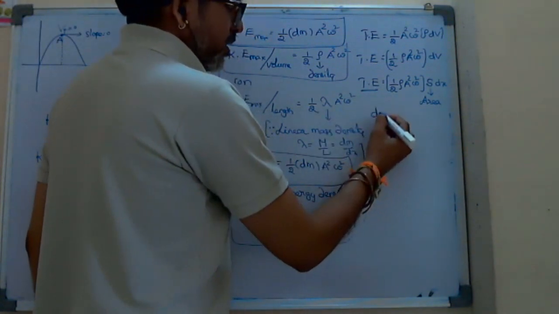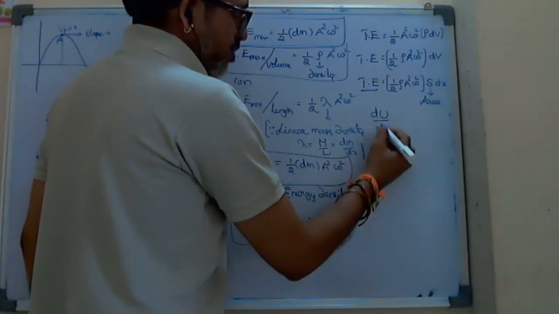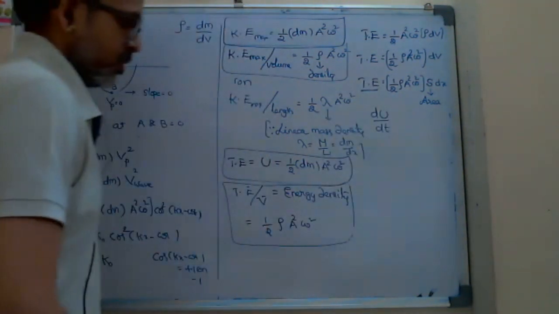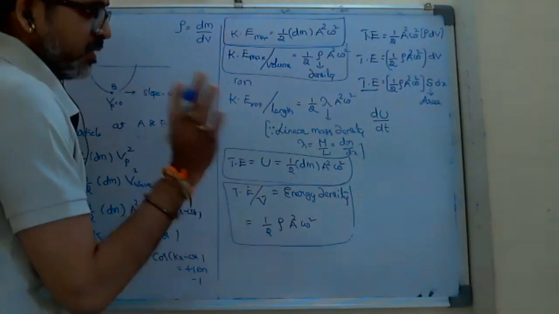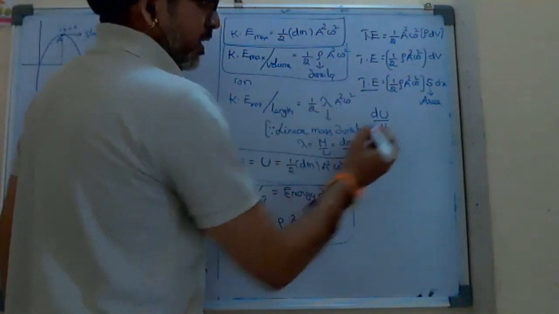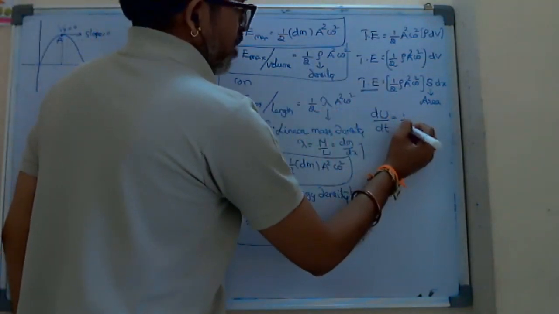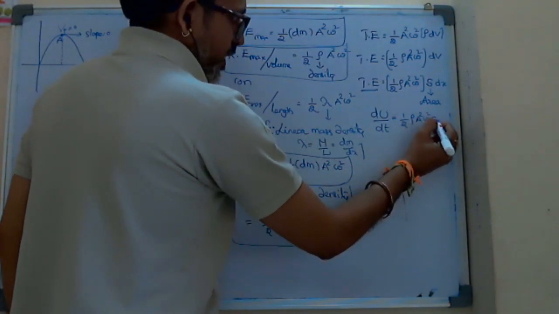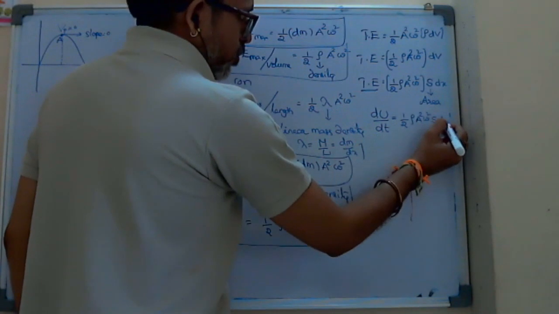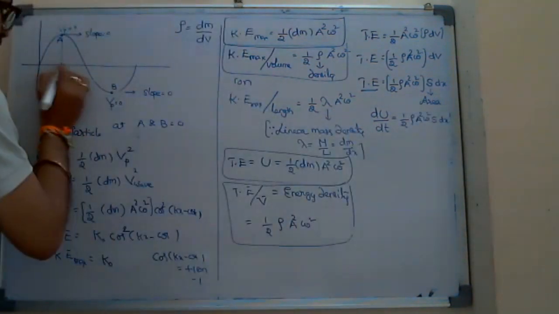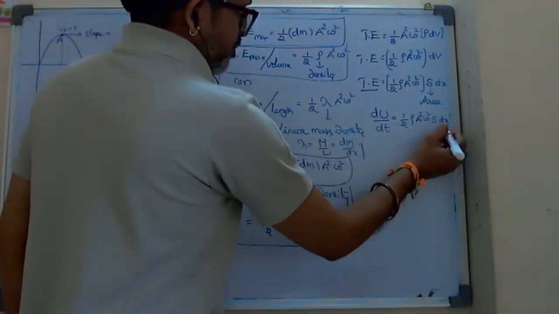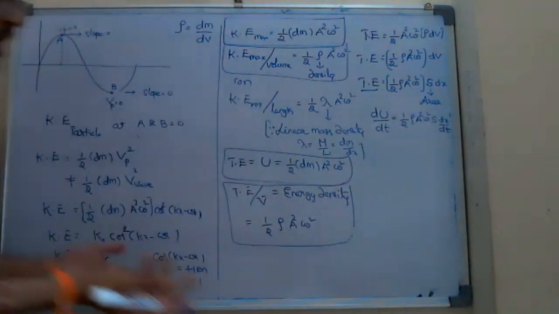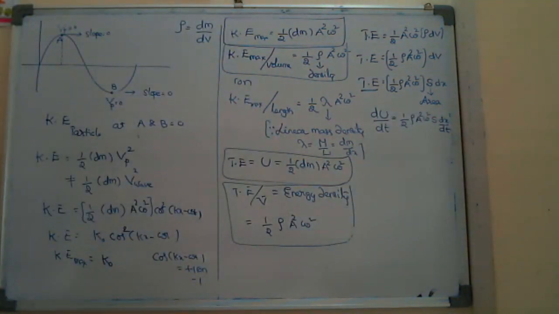So I'm asking for the time rate of total energy, which is equal to half rho A square omega square into S into the length dx divided by time. dx by dt gives you the velocity of the particle or the velocity of the wave.